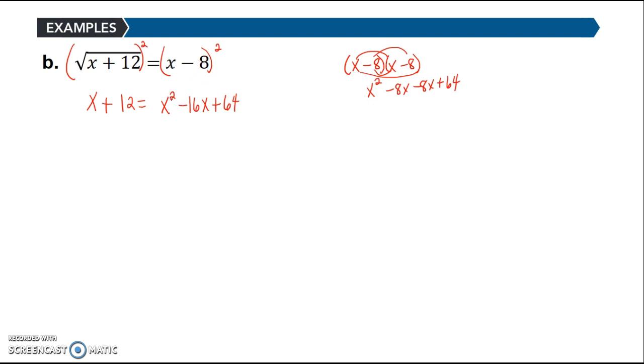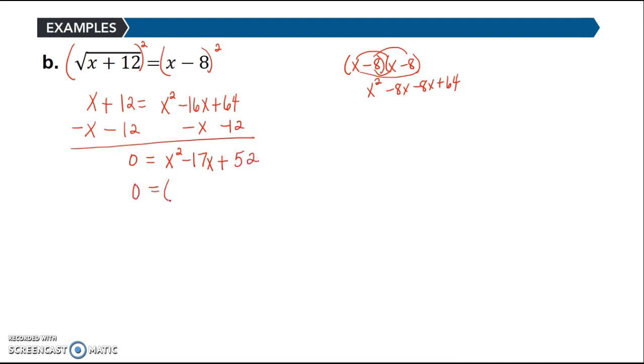This is a quadratic equation. I need to set one side equal to 0. Since my square is on my right, I'm going to subtract x and subtract 12. That gives us the equivalent equation, 0 equals x squared minus 17x plus, what is that, 52?